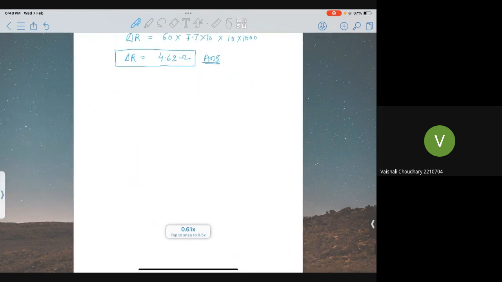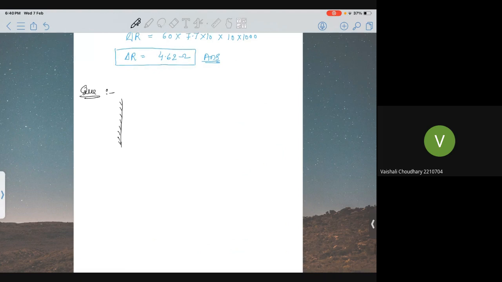Now we'll solve one more problem based on parallel spring mass systems. Suppose we have two cantilever beams attached to a fixed end.